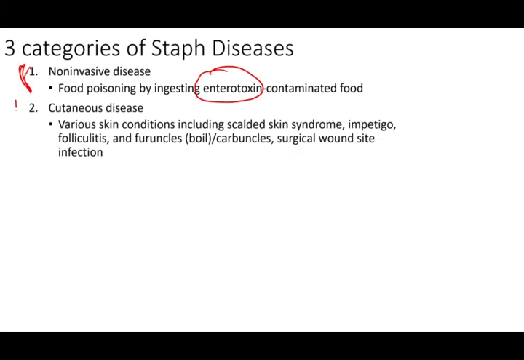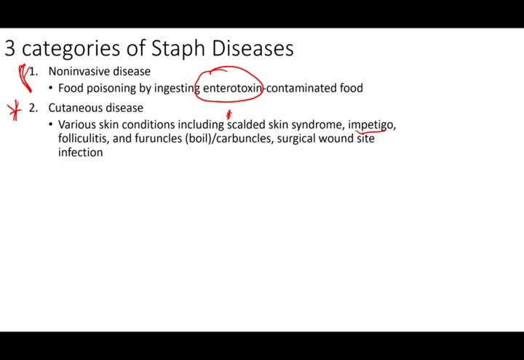The second is cutaneous disease. This is how we most often see many staph infections, as some cutaneous manifestation. And there's so many different types of clinical manifestations of this. So we saw one of these. That baby with the peeling skin is called scalded skin syndrome. And that's a result of that exfoliative toxin. Impetigo is a skin lesion frequently seen in children that's pus-filled and crusty.